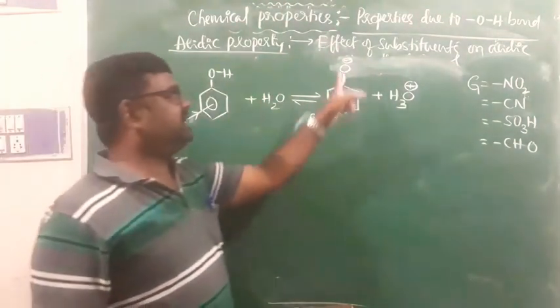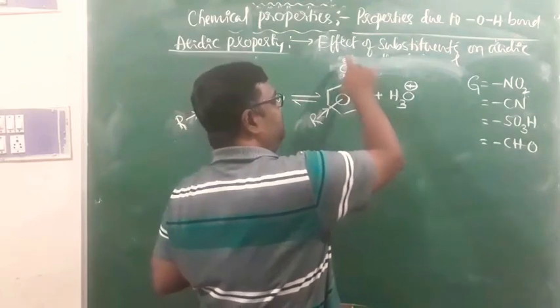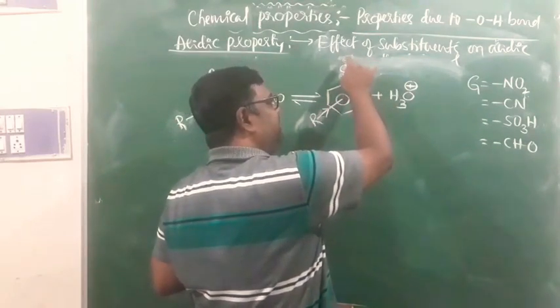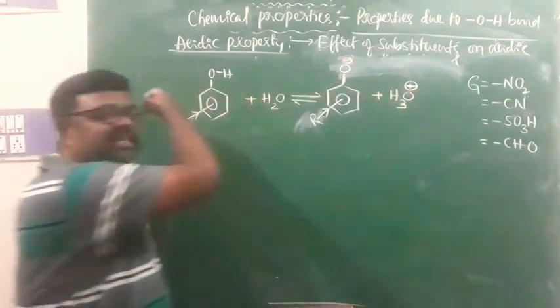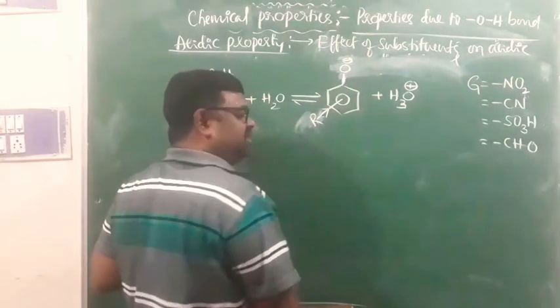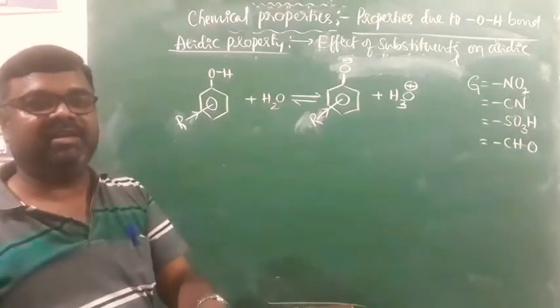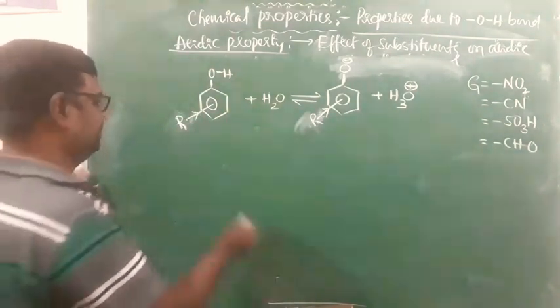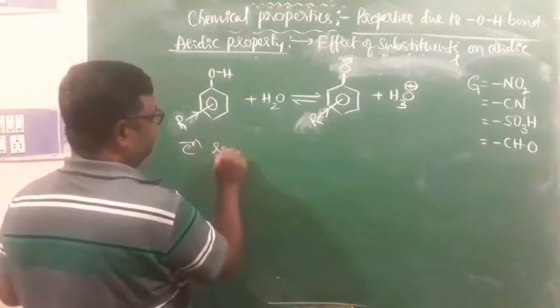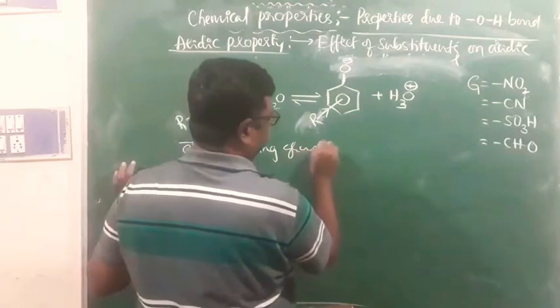The negative charge on the oxygen increases, and that makes it attract H plus. The reaction is reversed. Therefore, electron releasing groups destabilize the phenoxide ion, and therefore acidic strength decreases. Therefore, electron releasing groups decrease acidic strength.